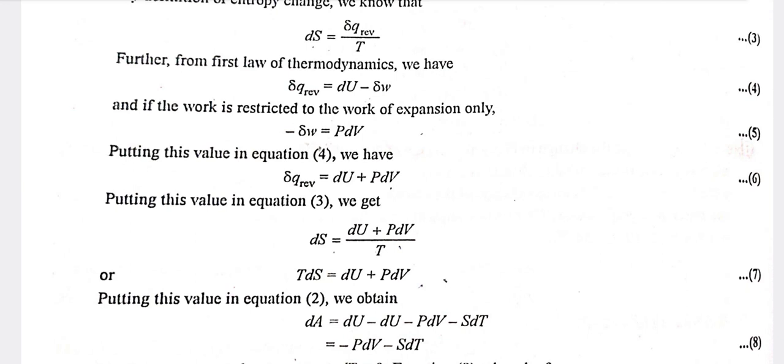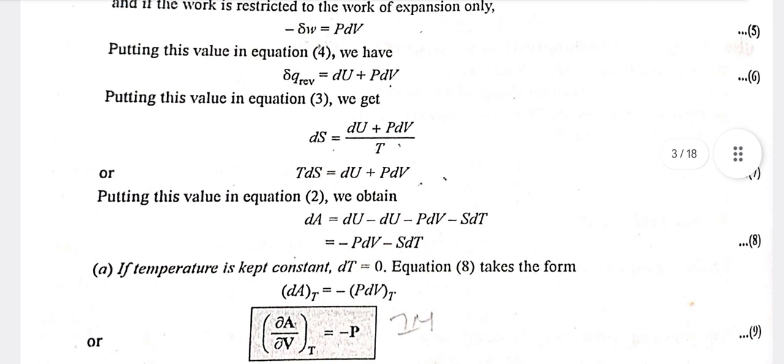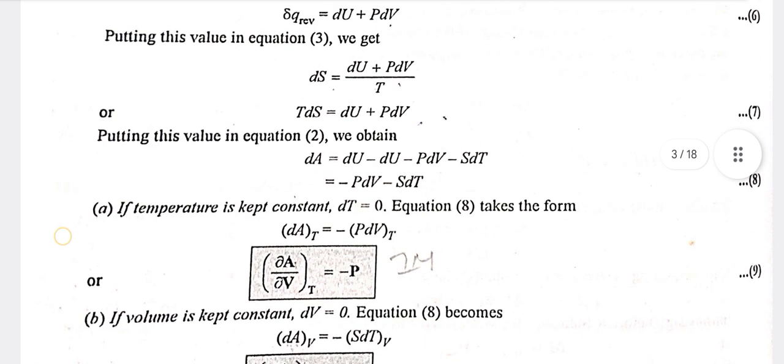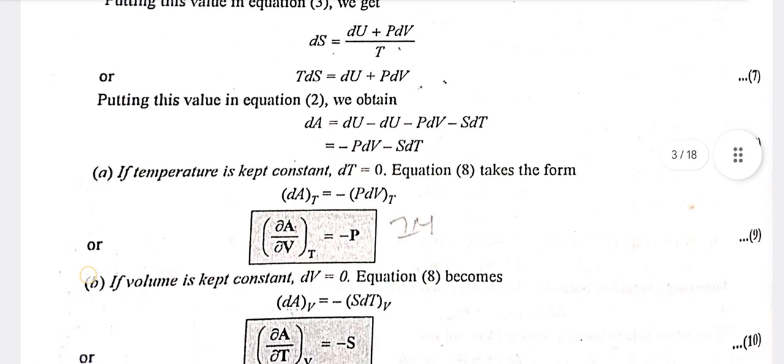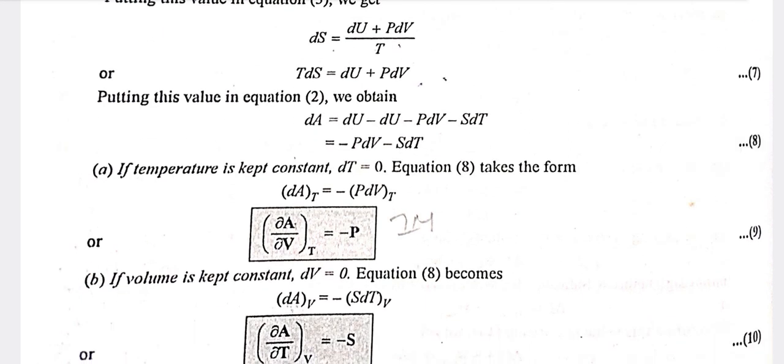Putting this value in equation 4, we have del Q reversible is equal to dU plus PdV. Putting this value in equation 3, we get dS is equal to dU plus PdV by T, TdS is equal to dU plus PdV. From this, dA is equal to dU minus PdV minus SdT, equal to minus PdV minus SdT.